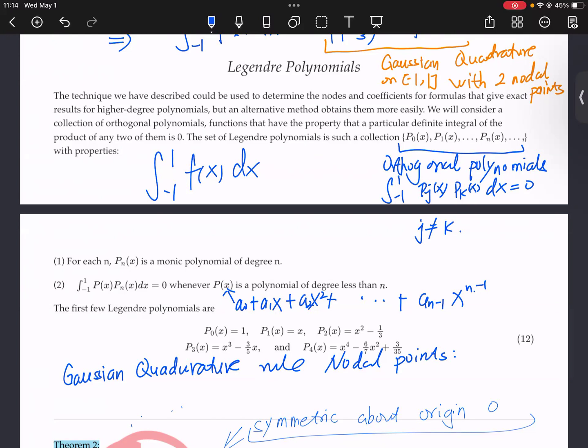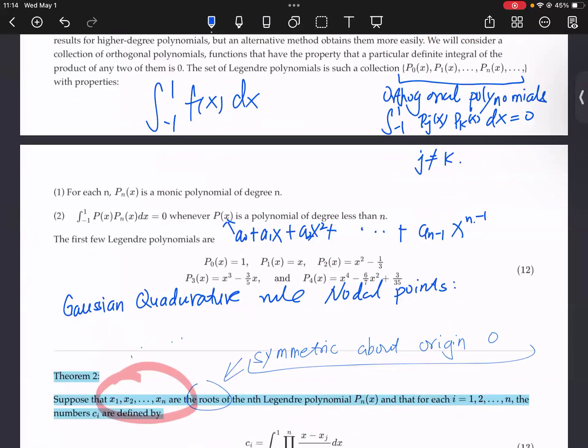For the Gaussian quadrature with n nodal points, we just need to solve the equation Pn(x) equals 0. Because this is an n-degree polynomial, how many roots do you have? n, right? You will get n solutions, and they are the n nodal points.